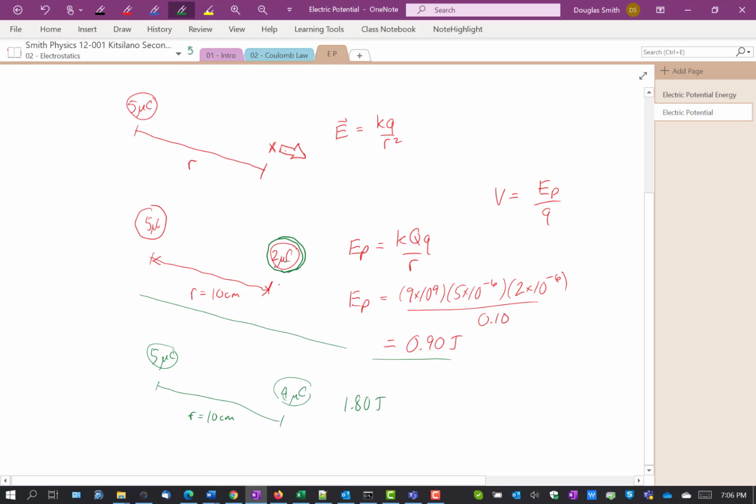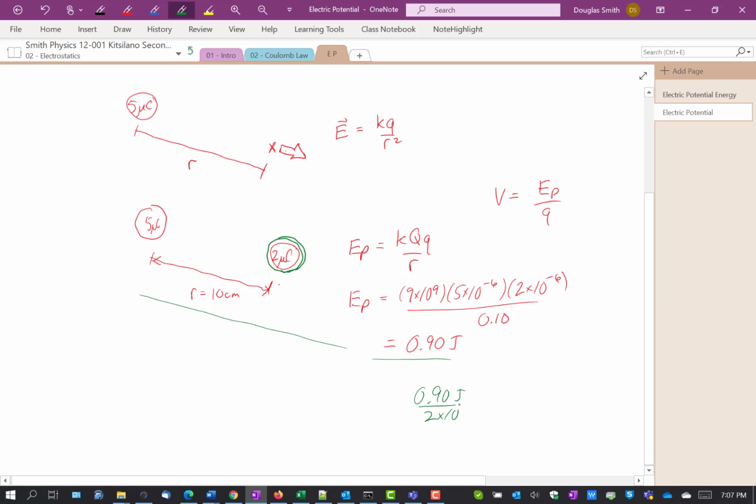Okay, so what voltage is saying is, we're not interested in knowing how much energy there is per 2 microcoulombs. We just want to know what it is per coulomb. So to get that, you have to divide by the 2 microcoulombs.